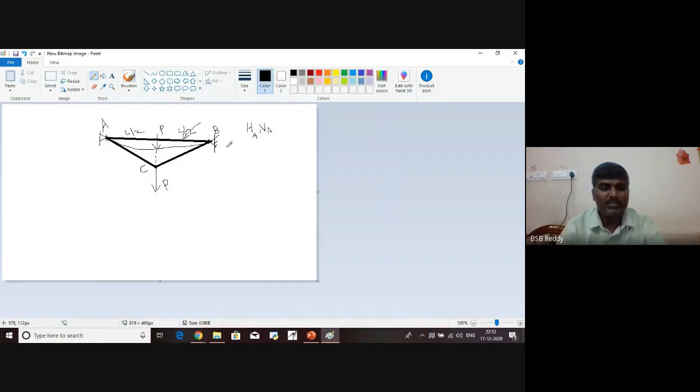B is also a hinge, so I'll have two unknowns, HB and VB. So four external reactions. Then tension in portion AC.